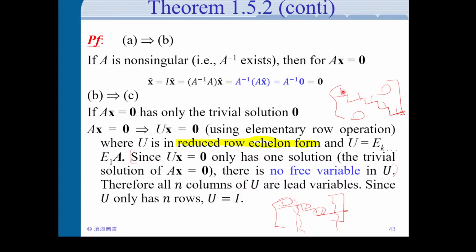Say you start with 1 here, and since there is no free variable, the next one must be on the next row and the next column. There are the same number of rows as columns, so all the diagonals must be ones, and then there must be zeros all over because you are in reduced row echelon form. So U must equal identity.